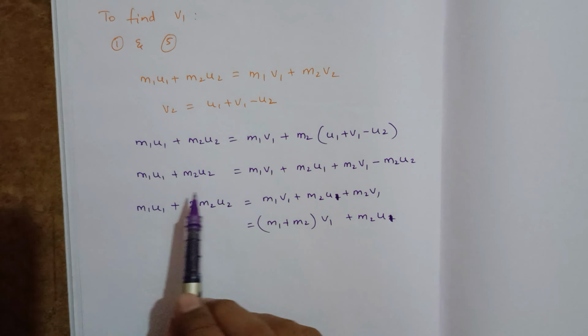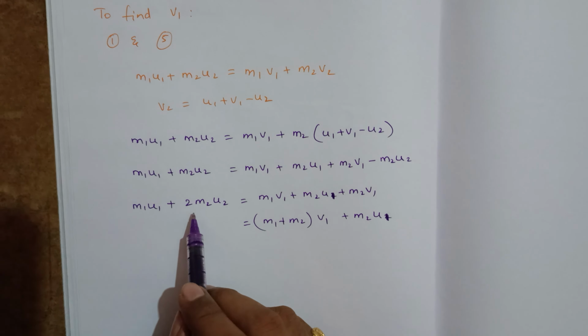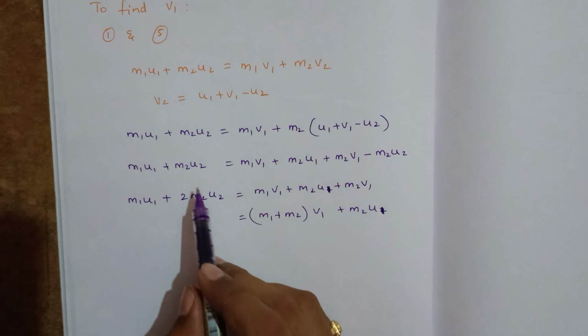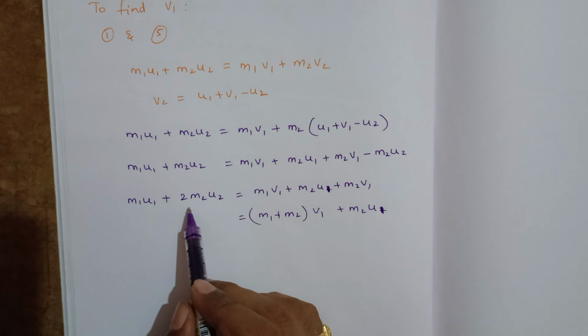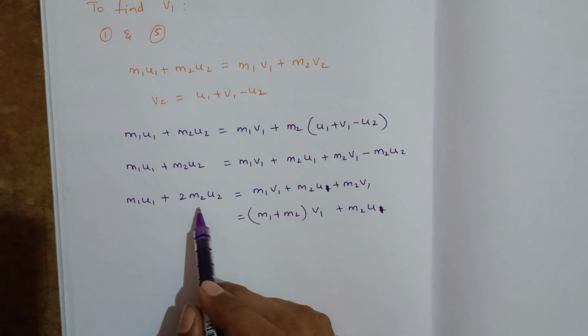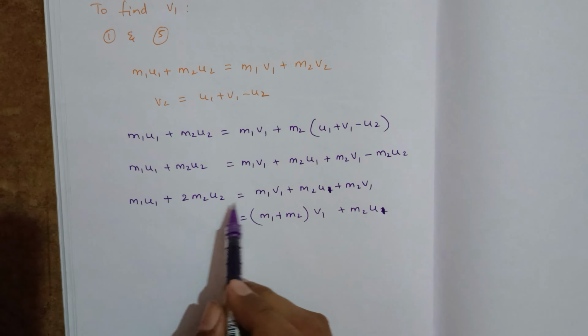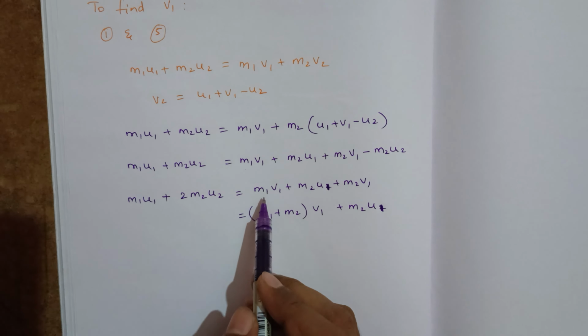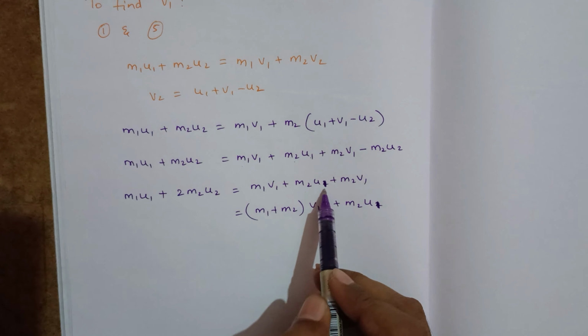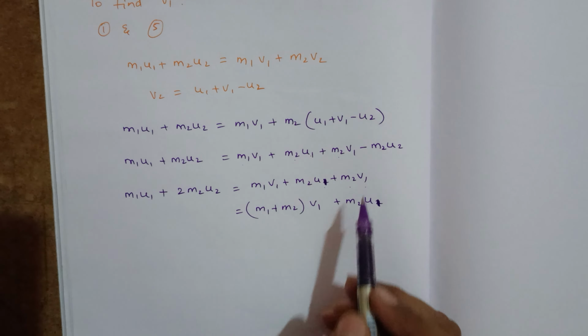Now once again see here, m1 u1 plus 2m2 u2. This m2 u2 is coming this side, minus becomes plus, m2 u2 plus m2 u2. So 2m2 u2 equal to m1 v1 as it is written, m2 u1 m2 v1 as it is written.